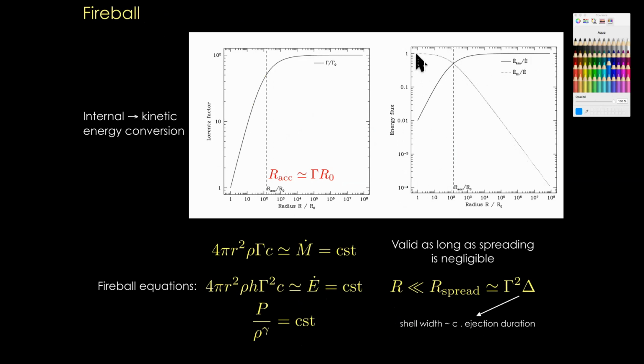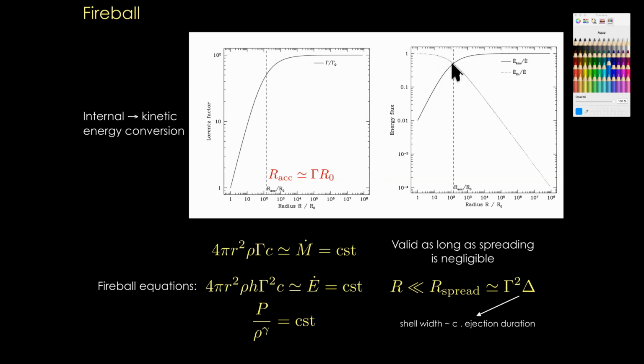So initially, in the fireball model, all the energy is deposited as thermal energy. And during the first phase of the spherical expansion, the Lorentz factor is increasing linearly with radius, which means that physically we convert thermal energy into kinetic energy. And this is exactly what we see. You see the kinetic energy rising here and the thermal energy decreasing here.